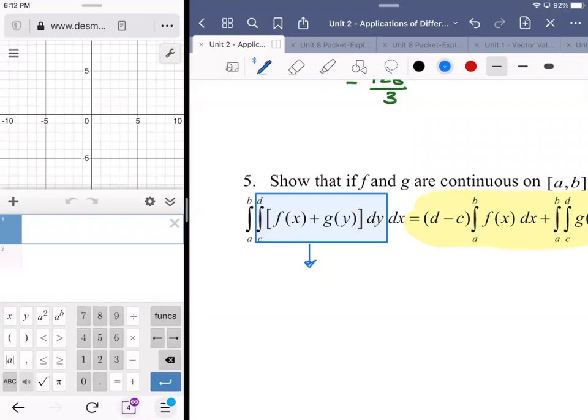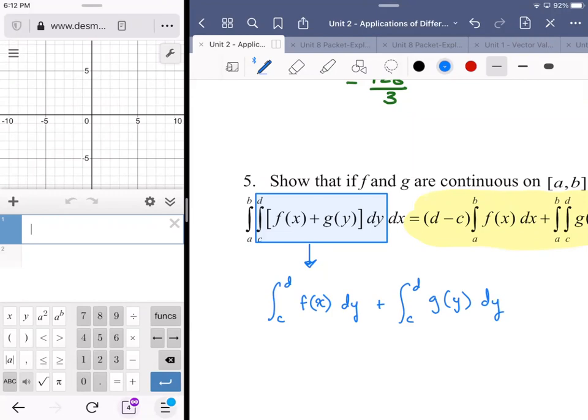So I'd be looking at the integral over the interval of c to d of f of x dx, I'm sorry, dy, plus the integral over the interval of c to d of g of y dy.